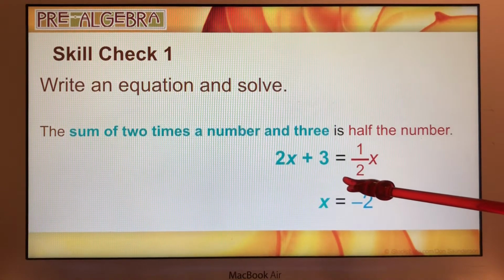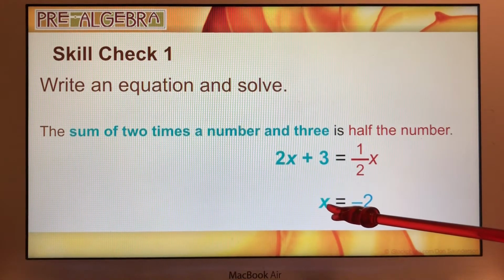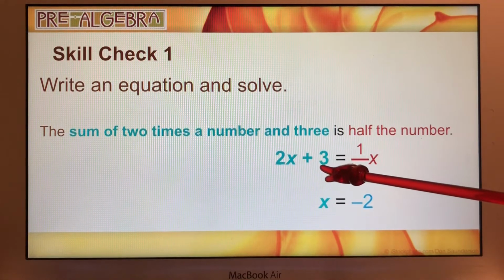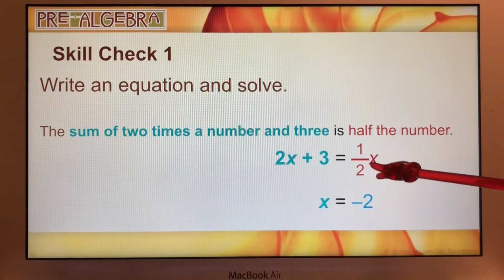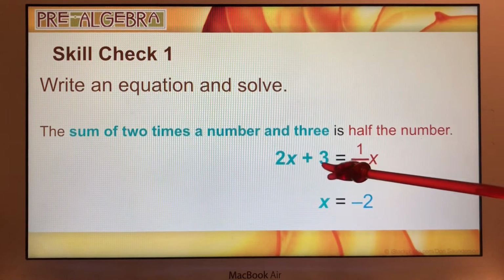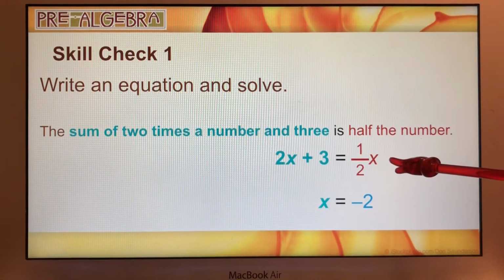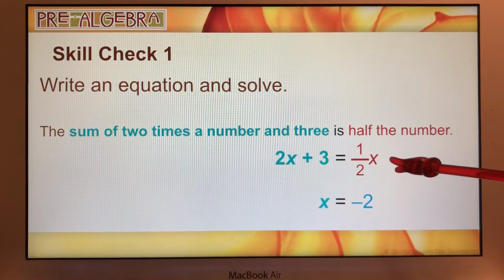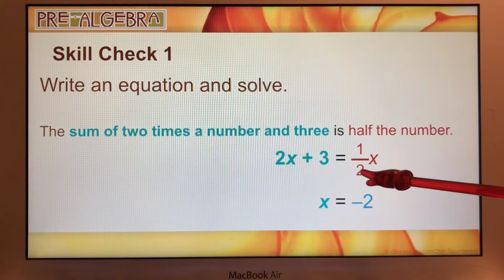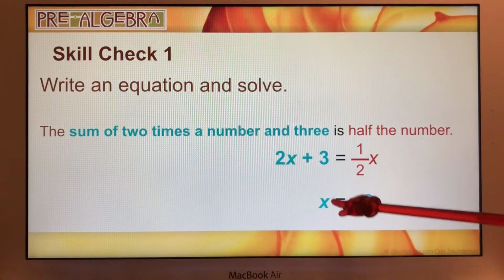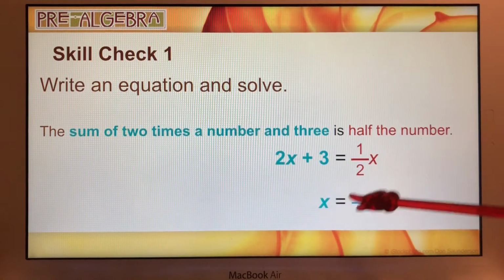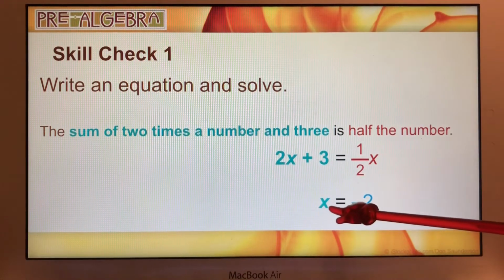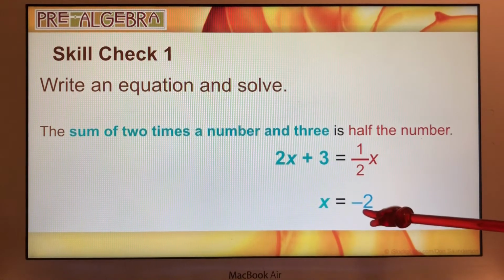That gives us 1.5. Okay, and then you have 1.5x, and then you bring the 3 over to the other side, and then you'll have -3. So anyway, when you solve for x, okay, you have your x's on one side, your -3 on the other side. When you solve for x, you're going to end up with -2.